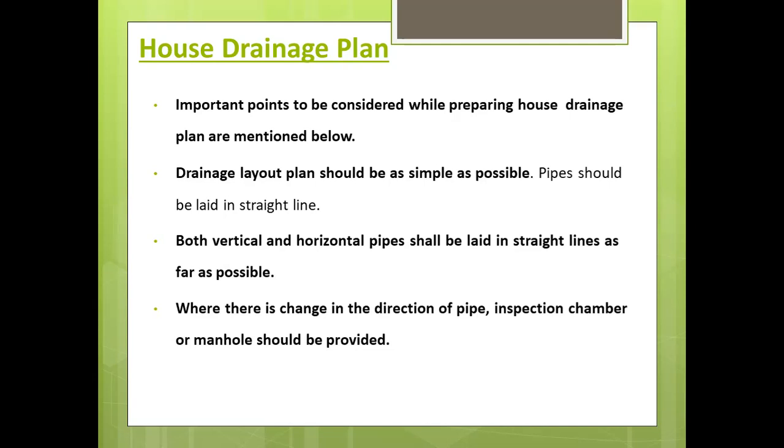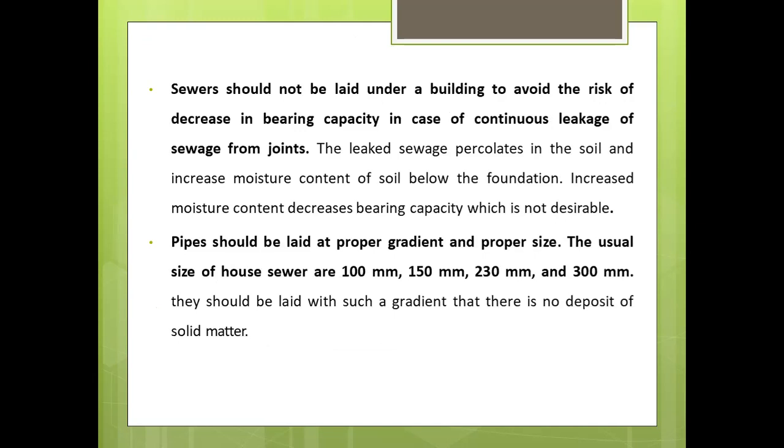The drain layout plan should be as simple as possible. Pipes should be laid in straight lines. Both vertical and horizontal pipes shall be laid in a straight line as far as possible. But if there is a change in the direction of pipe, an inspection chamber or manhole should be provided.